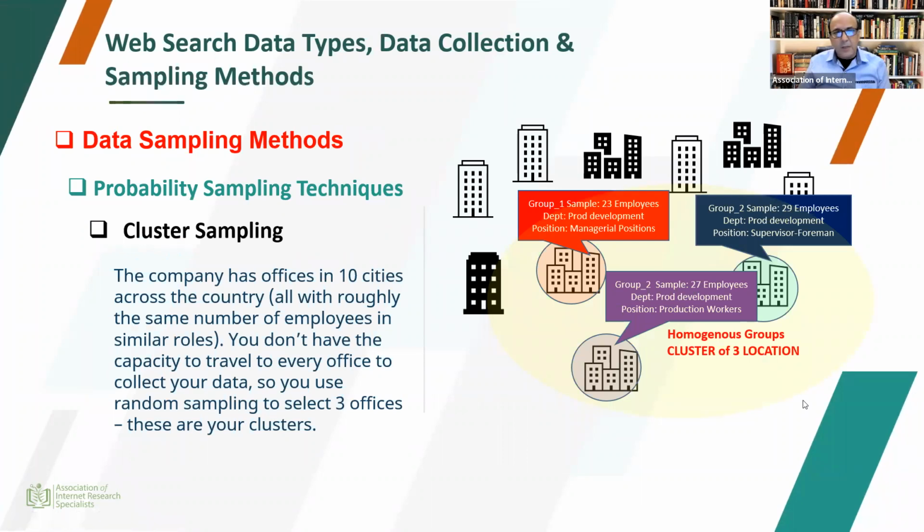Then we have cluster sampling. Cluster sampling needs to be understood a little bit more intently. With how it is explained, it may not be as easy for you to interpret. Let's suppose that this circle over here is an area or a geographic location of something.